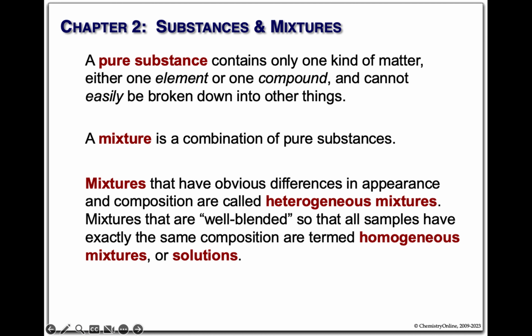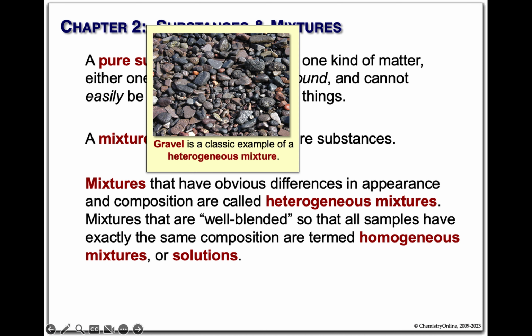If we look at a selection of gravel, this is gravel on the beach in St. John, Virgin Islands. I took the picture. The test here to show that this is a heterogeneous mixture is simply the sample. If I go and I take a handful of rocks from here, they will be totally different than a handful of rocks from here. Different samples, heterogeneous.